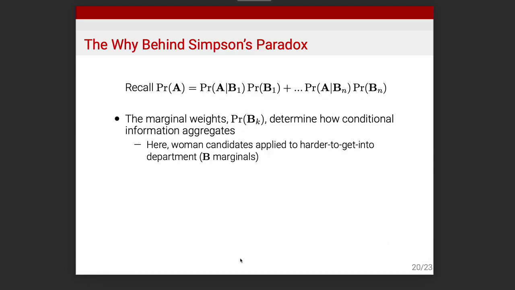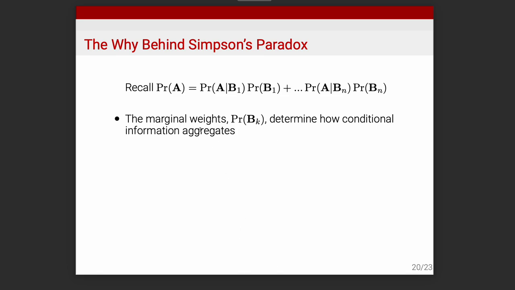This just shows how the marginal weights in this law of total probability determine how the conditional information aggregates. So even if you look marginally, you might find one thing, but conditionally you might find another. It will depend a lot on how that conditional information aggregates together using those weights, these marginal weights on these B's, if that makes sense.